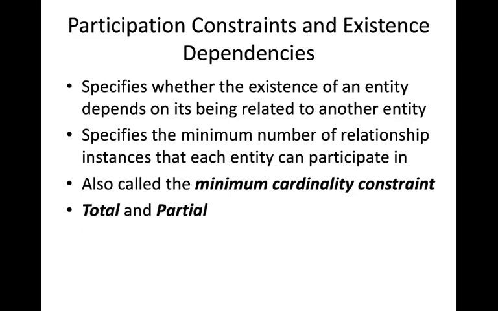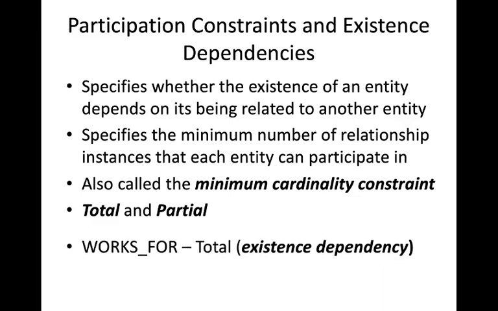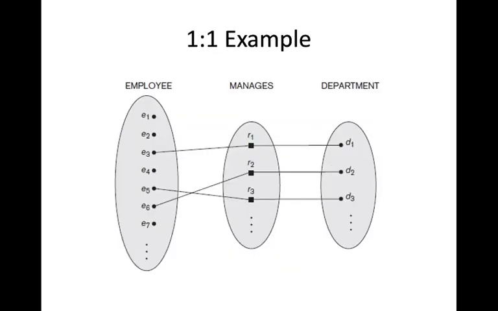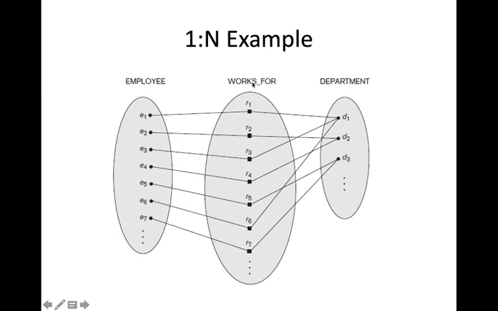We mainly have two types of minimum cardinality constraint. One is total and the second one is partial. We will see an example, then you will understand. The works for relationship is total, or we call it existence dependency. Employee works for a department.